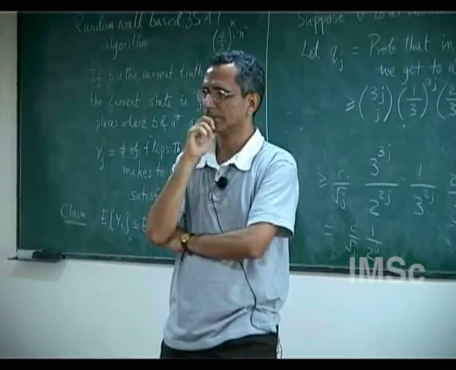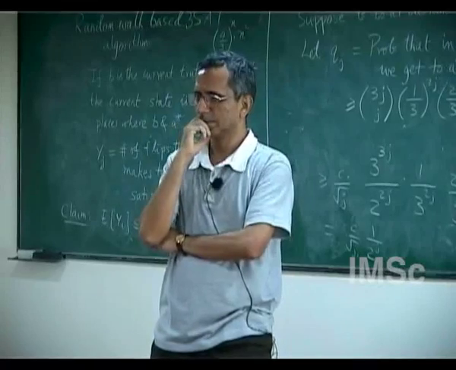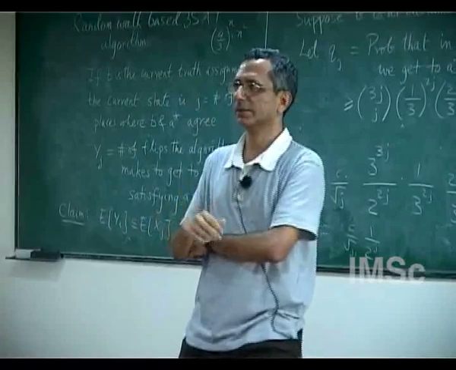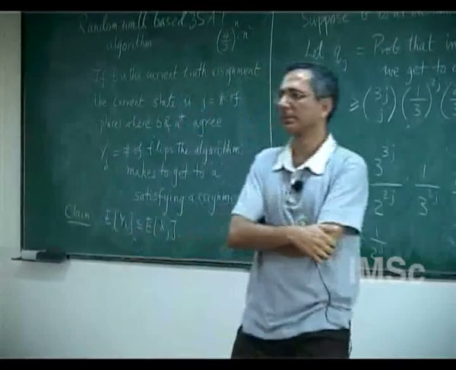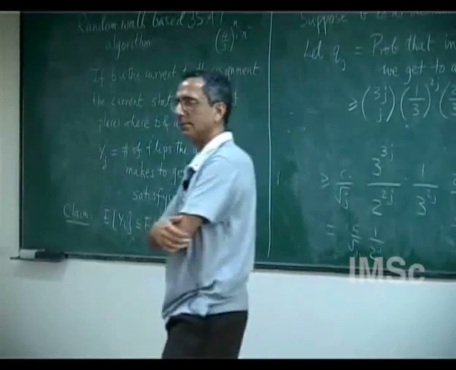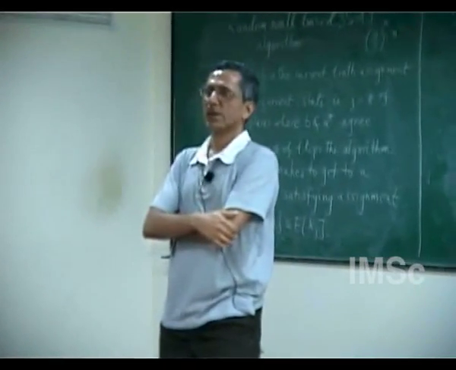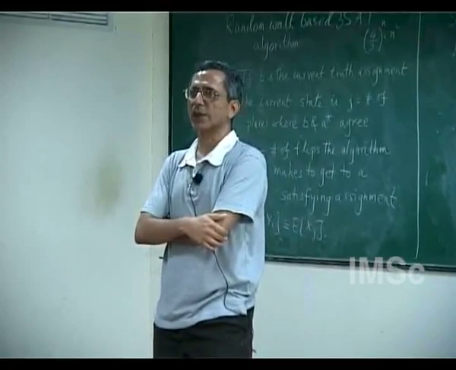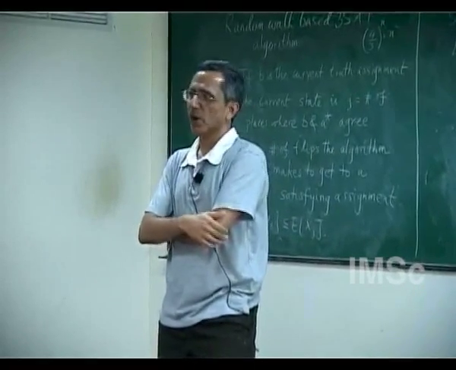You will pick a clause, and you know that one of them has to be set. So you branch. That's a 3-way branch.